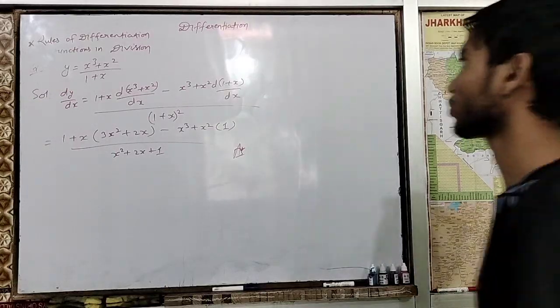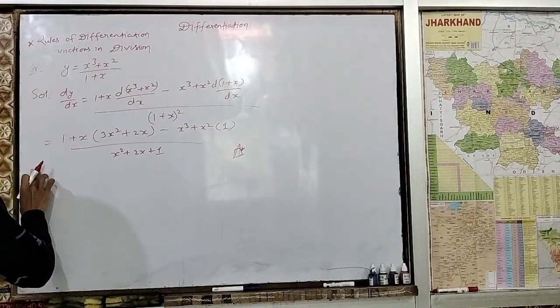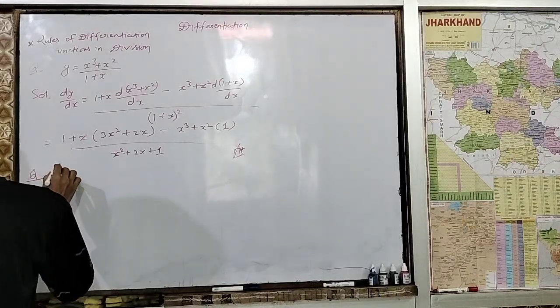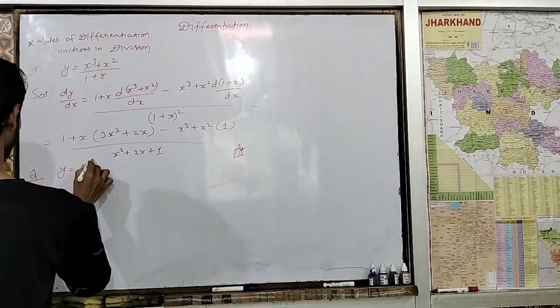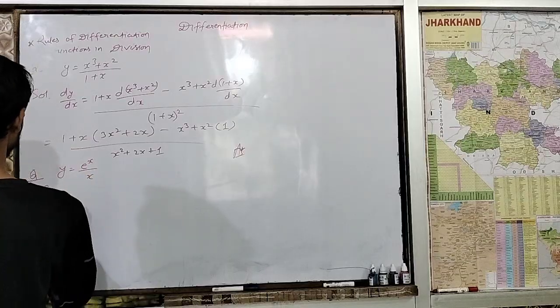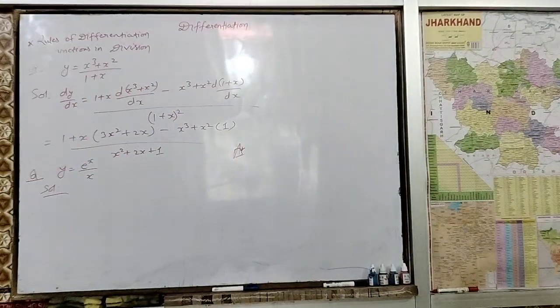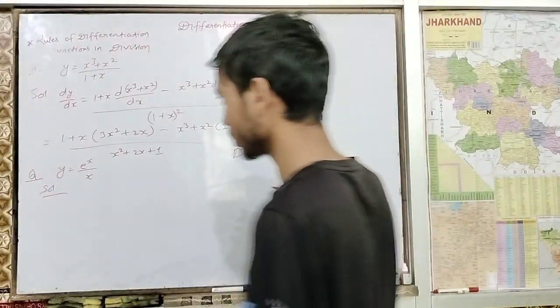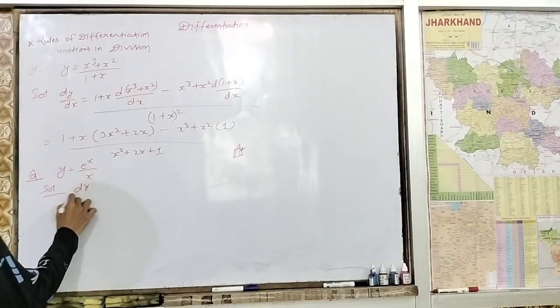Let me write the next question. This is e raised to power x upon x. It is very easy, isn't it? dy upon dx.